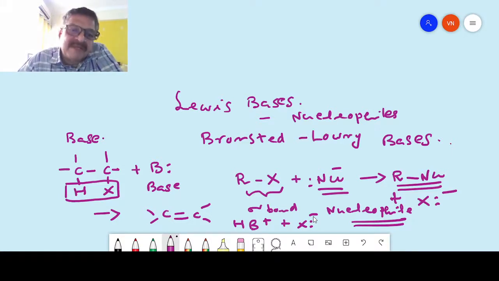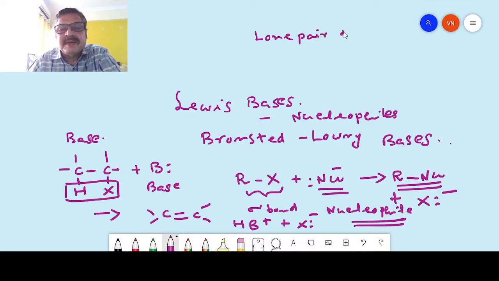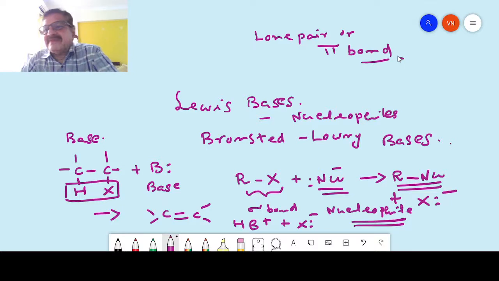For accepting a proton, a Bronsted-Lowry base should be an electron-rich species. It should have a lone pair of electrons or a pi bond. This is the characteristic feature of a Bronsted-Lowry base.